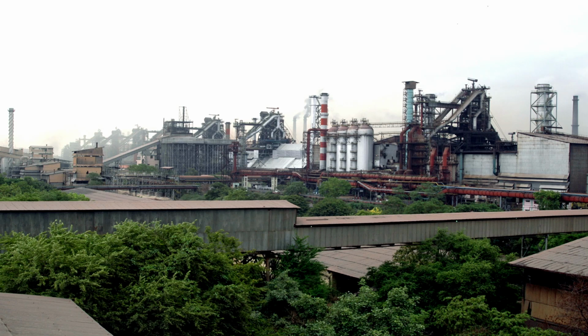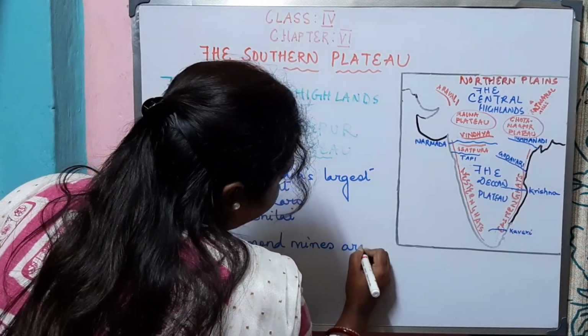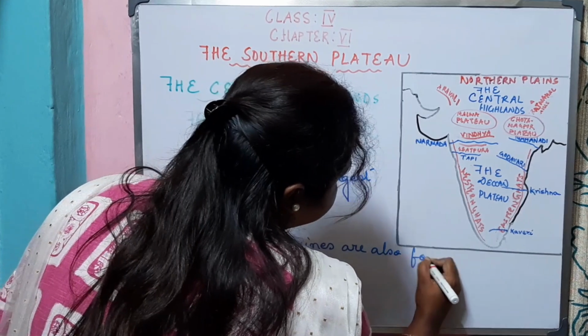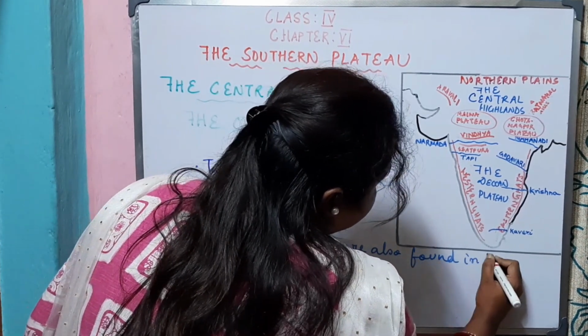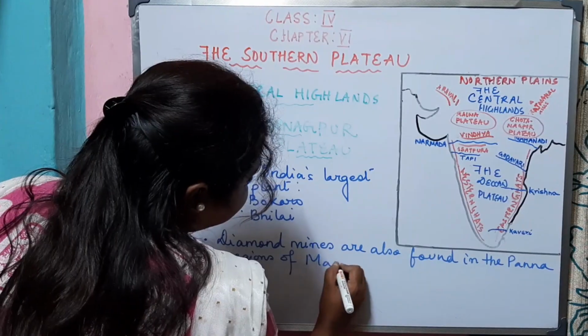In the Chotanagpur Plateau, diamond mines are also found in the Panna region of Madhya Pradesh.